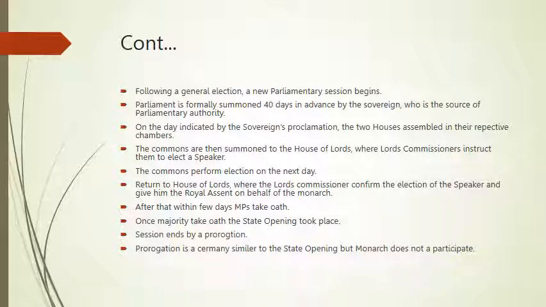Prorogation is a ceremony similar to state opening. In this ceremony, the monarch does not participate. Rather, the Lords Commissioners participate on behalf of the monarch, and the monarch personally does not participate in the prorogation.